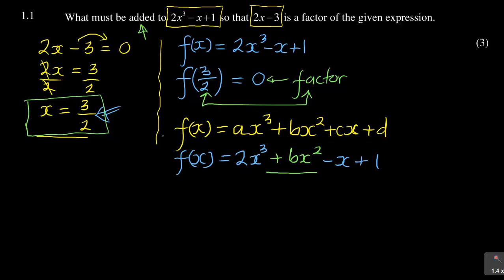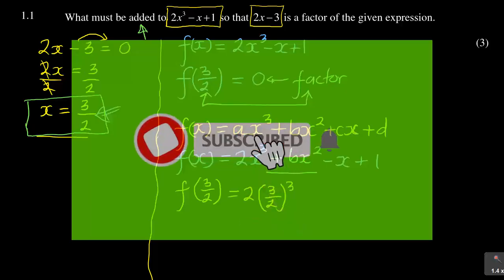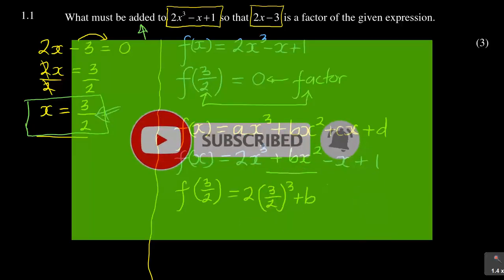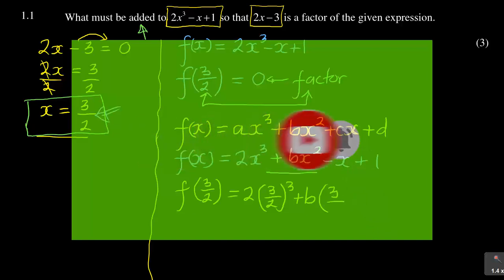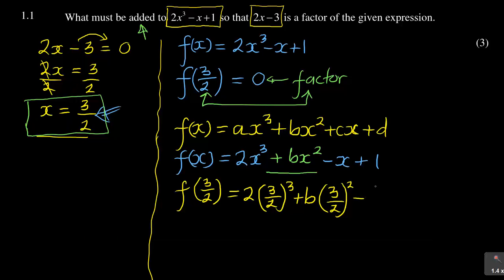if I can continue here, I can then come with an equation which says f of 3 over 2 is equal to 2, where there is a cube there, I put a 3 over 2 cubed plus b, and then I put again a 3 over 2, this time squared, and minus my x, which is 3 over 2 plus 1.